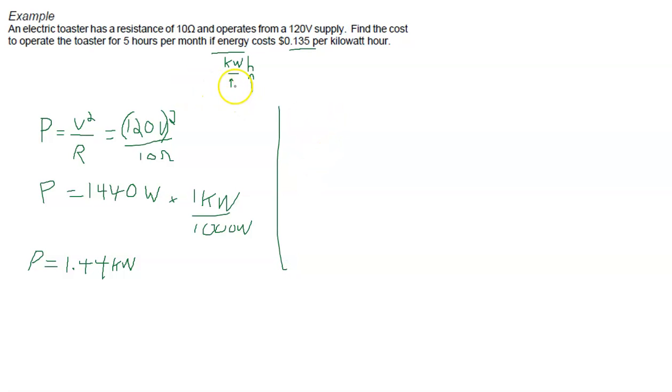Now, the next thing we want to do is find our time in hours. So 5 hours per month. Okay, so that's easy. Now let's think about the energy. The energy is a monthly energy rate, and our energy will be power multiplied by time.